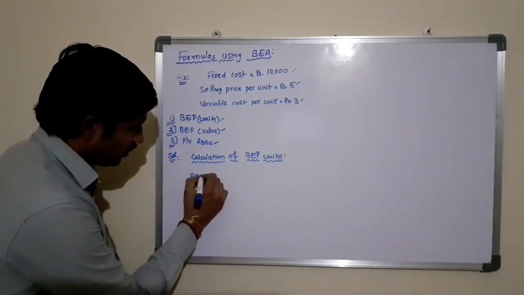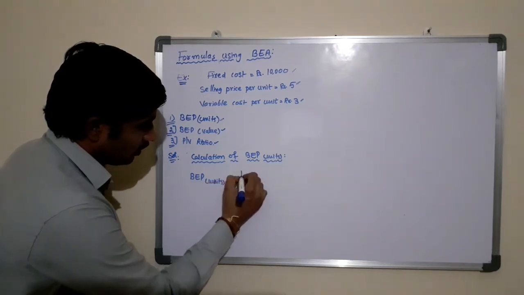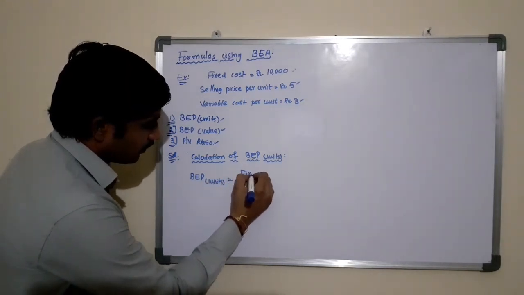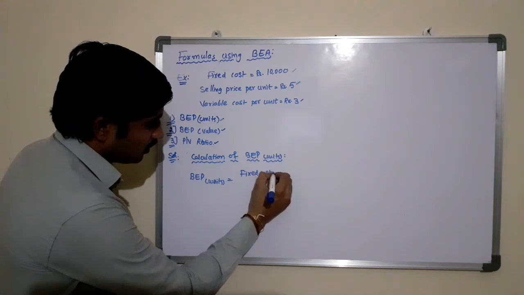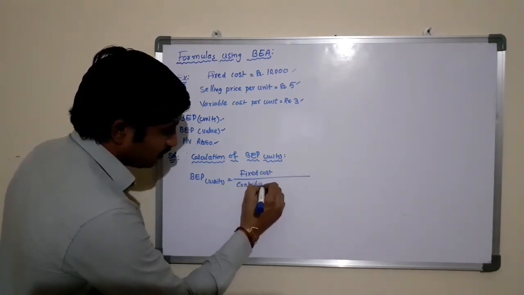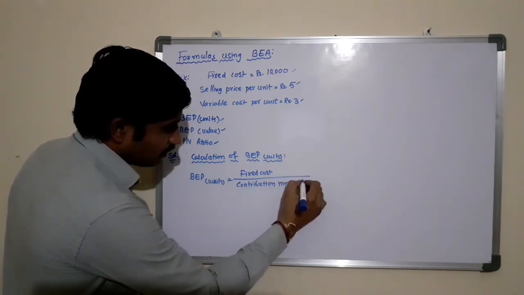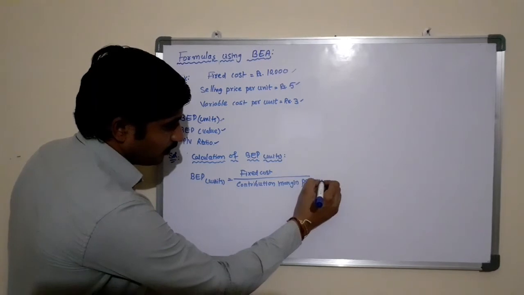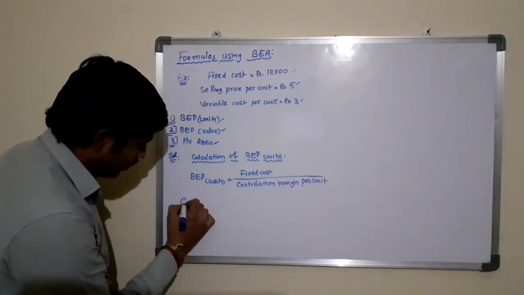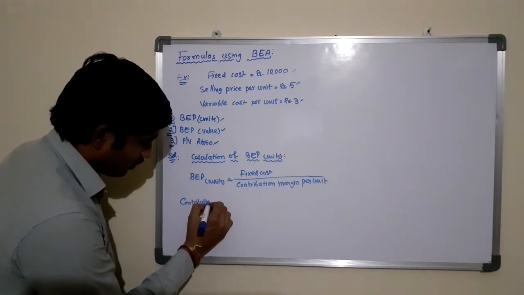BEP units equals fixed cost by contribution margin per unit. So what is contribution margin per unit?